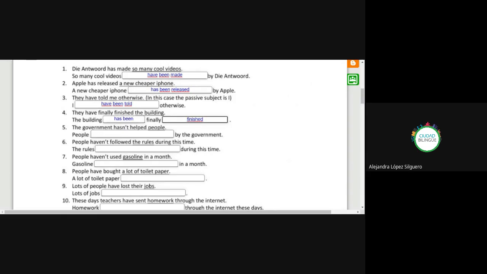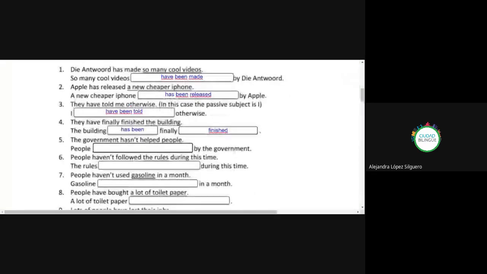Very good. Number 5, the government hasn't helped people. The government hasn't helped people. So people by the government. People haven't been or have not been helped by the government. Very good. Remember, we have a negative. So in passive voice, we have to do it again in negative. So people haven't been helped by the government. Good.